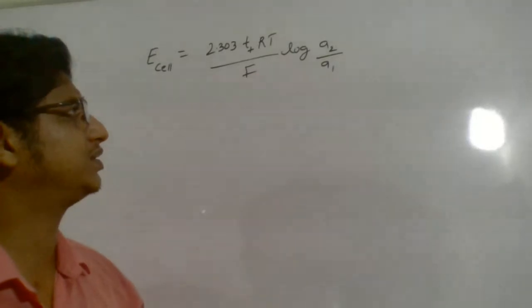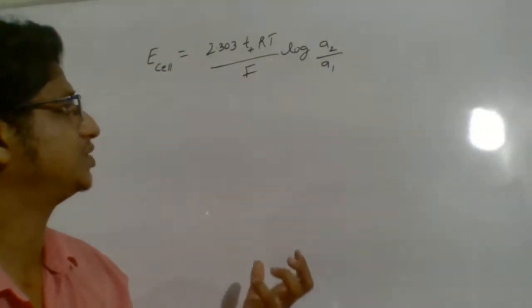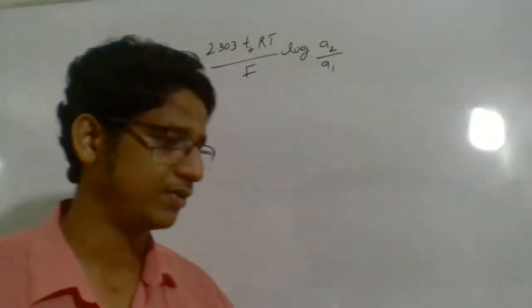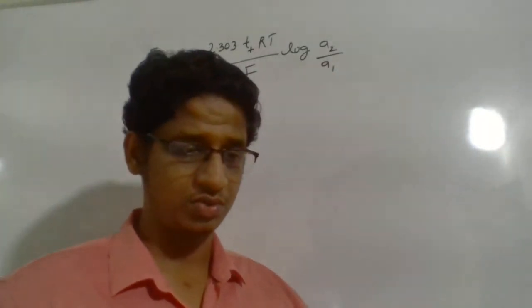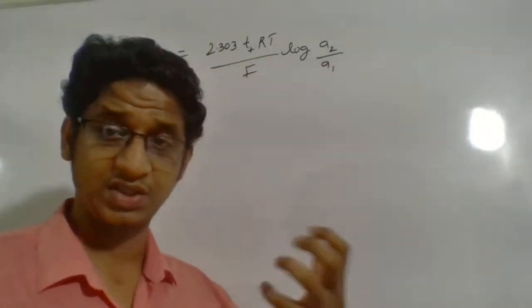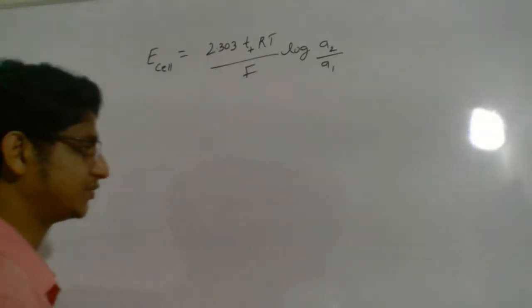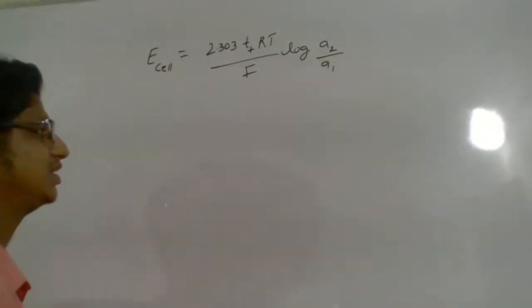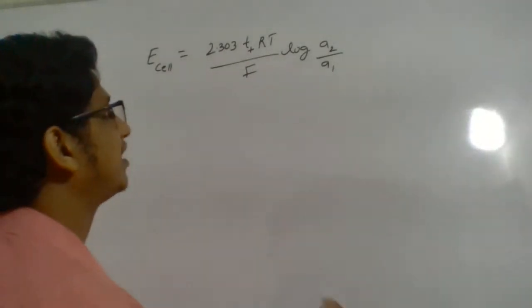So now let us express the equation. The EMF of the cell can be expressed in terms of activity coefficients, but we already expressed that, so let us discuss it in terms of mean ionic activity.